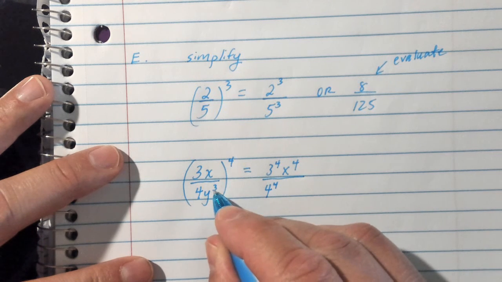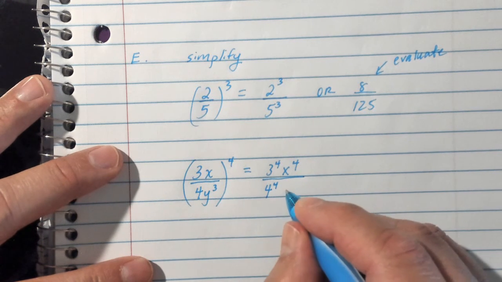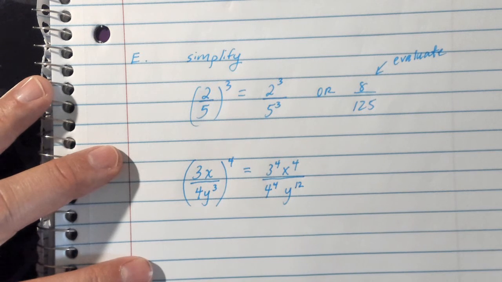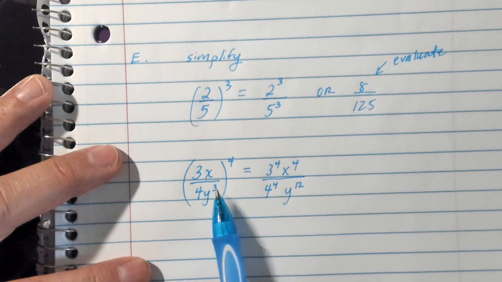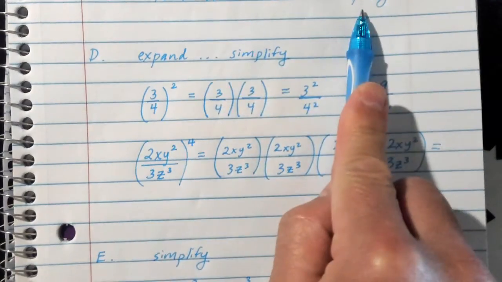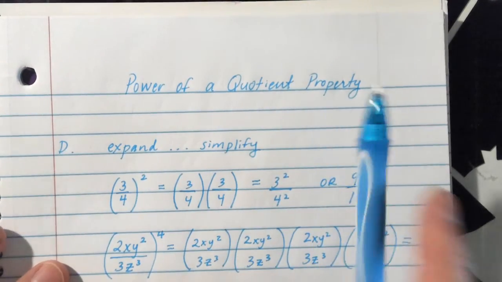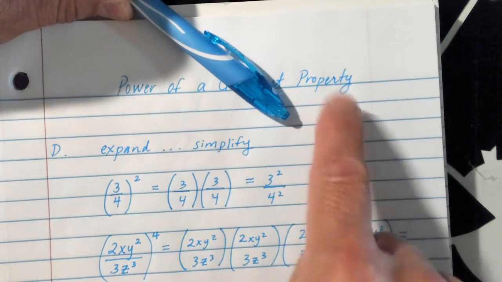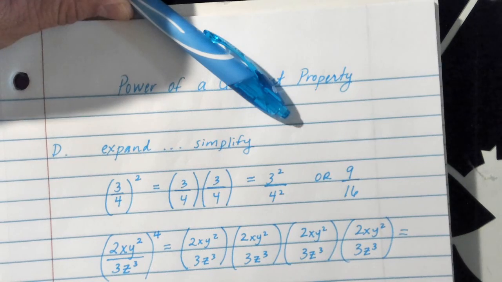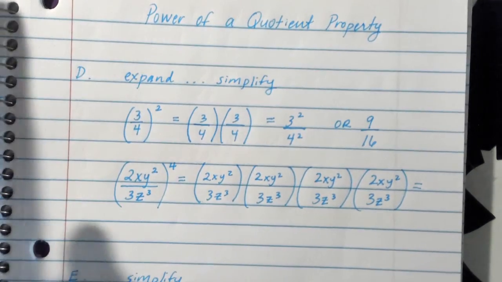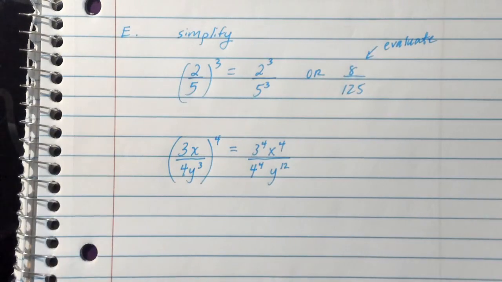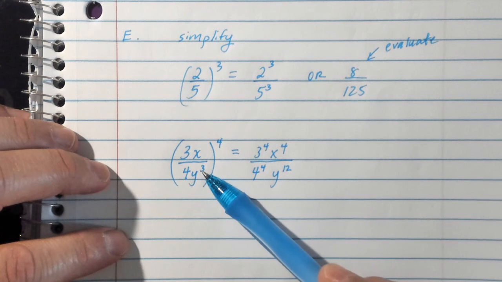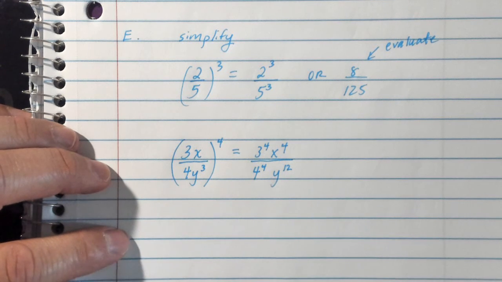And y to the 3rd to the 4th power is y to the 12th. If that confused you at all, that is called the power property. Oops, sorry, power property. That was on day 3 last week. Power property, which just says multiply the exponents. There you go. So y to the 3rd to the 4th is y to the 12th.